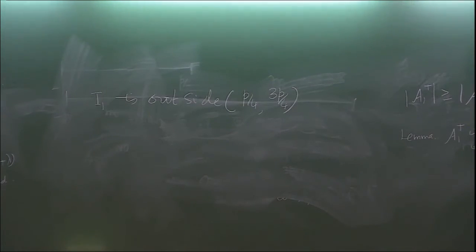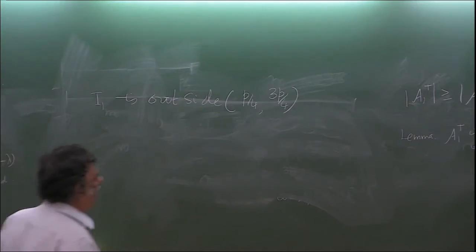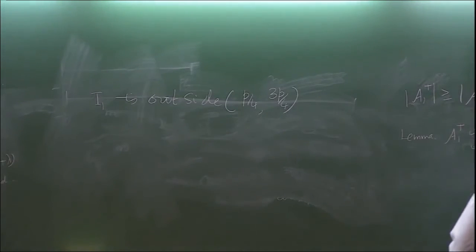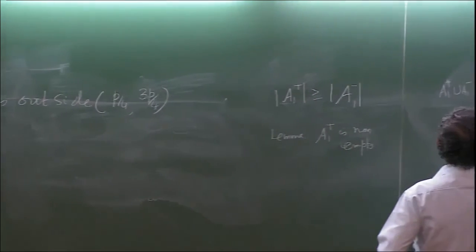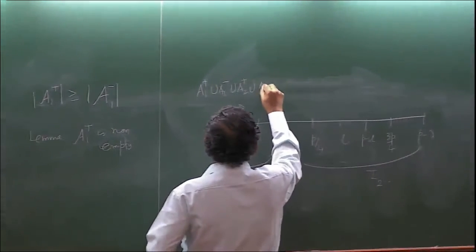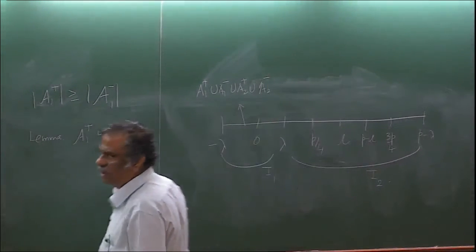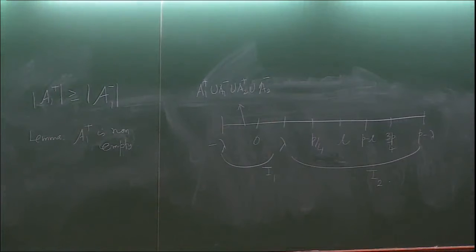We have already seen that outside this, the only elements possible are A1 plus union A2 plus union A1 minus union A2 minus. Consequently, the elements which can be here are only A1 plus, union A1 minus, union A2 plus, union A2 minus. Only those many elements are possible.